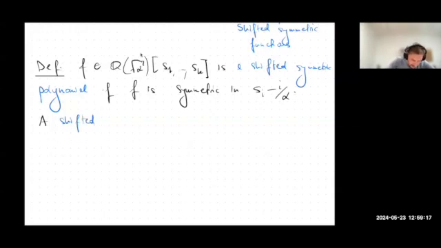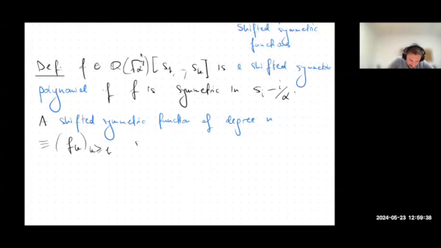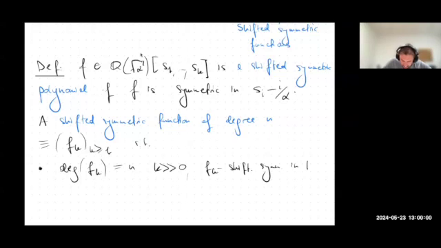A shifted symmetric function of degree n is just a sequence of shifted symmetric polynomials such that the degree of f_k is equal to n for k large enough, and f_k is shifted symmetric in k variables.